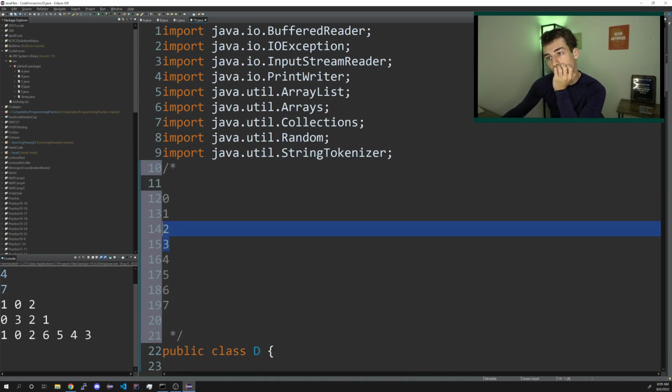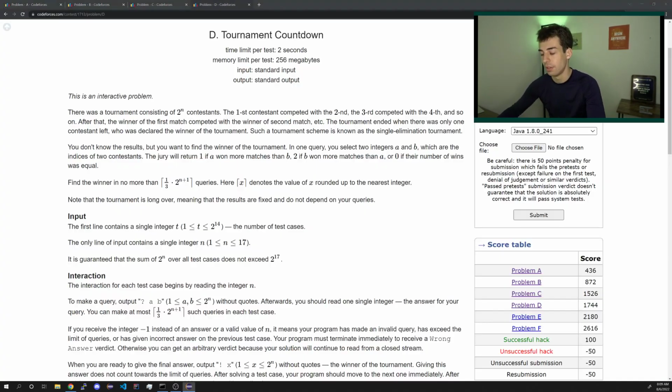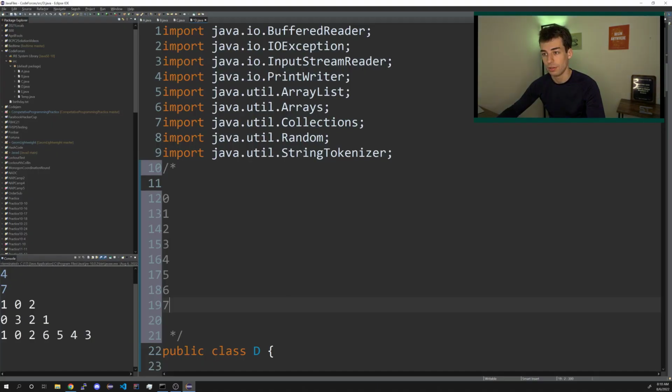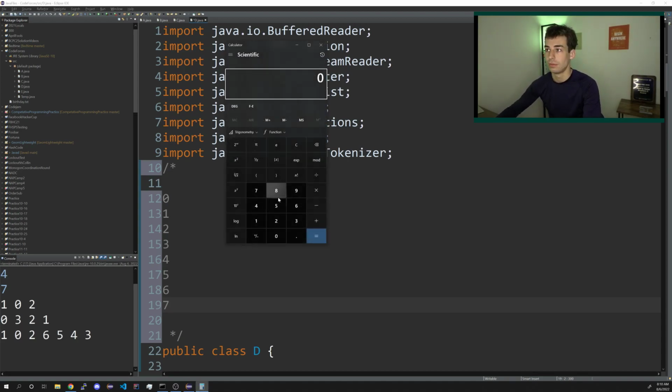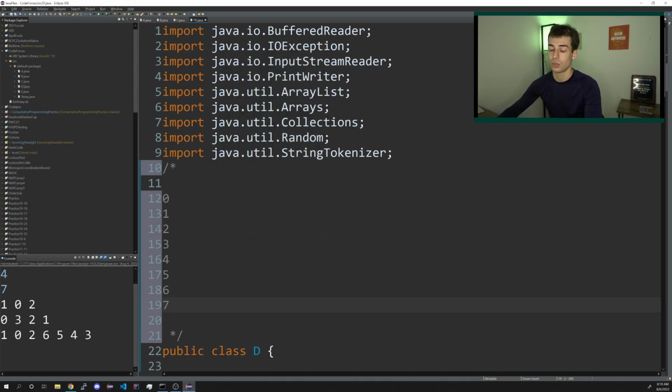So in the first round, half of these people win. So how many queries do we have? No more than rounded up of 2/3 of 2^n. So what is 2/3 of 8? 6, so we get 6 queries.